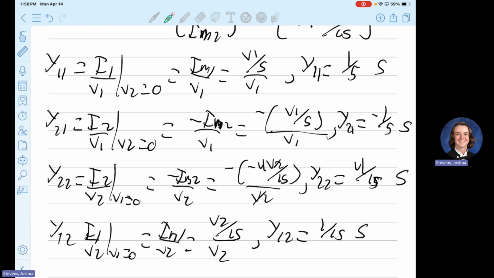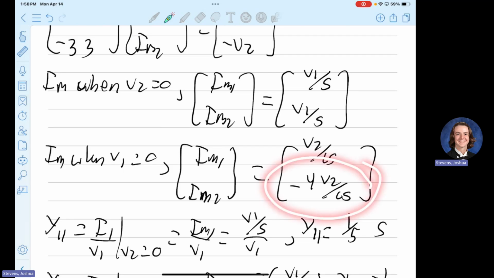Which one are you stuck on? Y22? The actual value here is negative 4 V2 over 15.